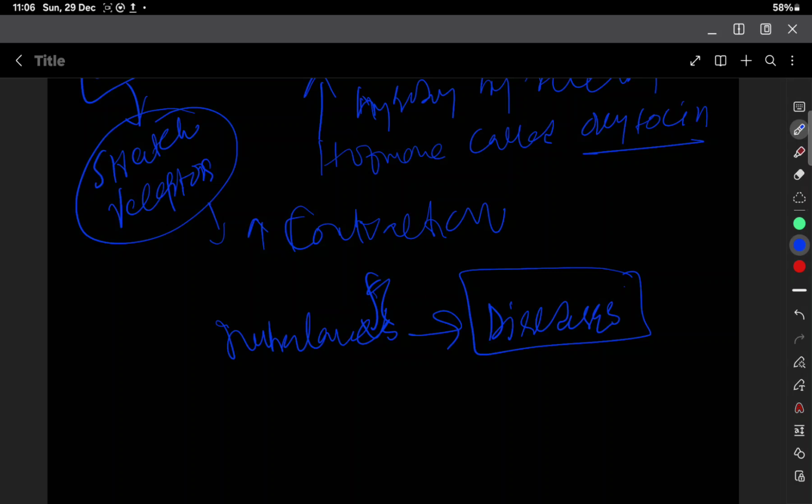Then there is a control center, for example a boiler control unit, and then the boiler causes an increase in the room temperature. Similarly, when there is an increase in the room temperature, the sensor of the AC will turn on and cool your room down. That is also an example of the negative feedback system. So that was about the positive and the negative feedback system, and this whole process is called homeostasis.